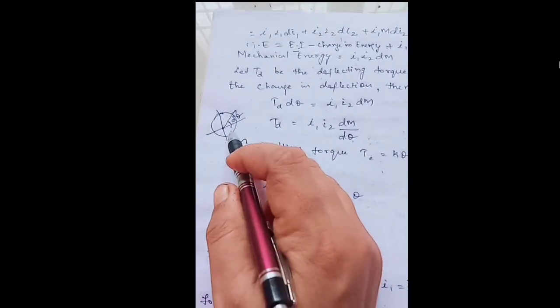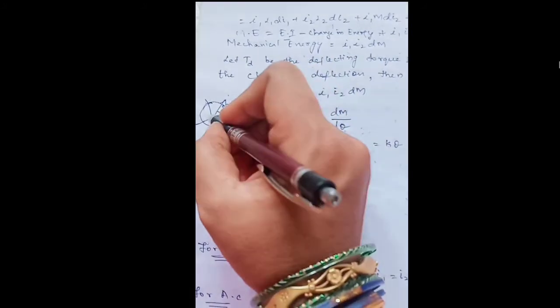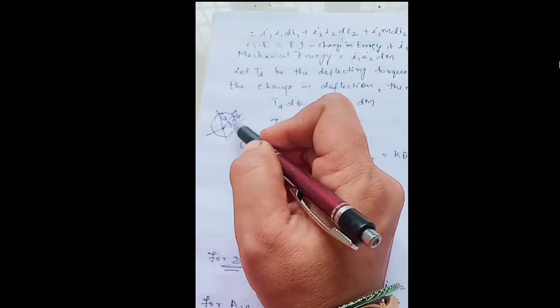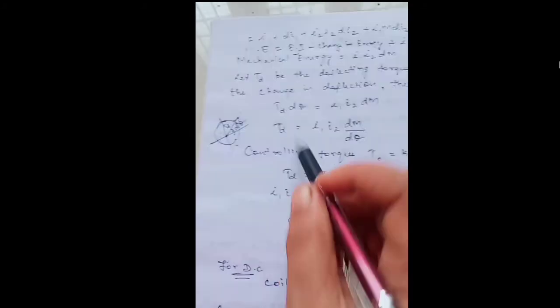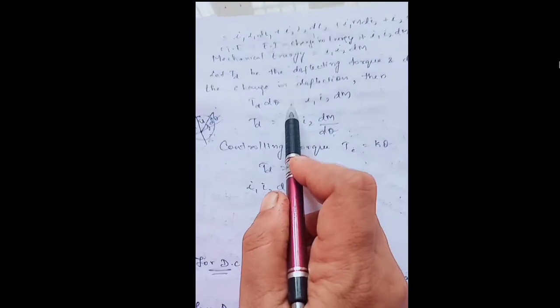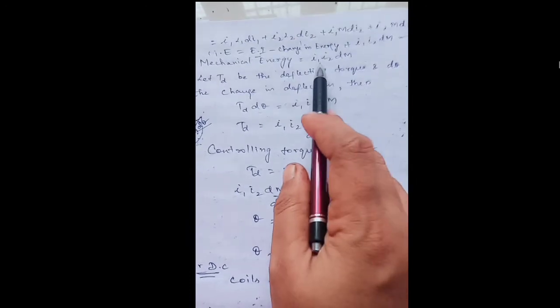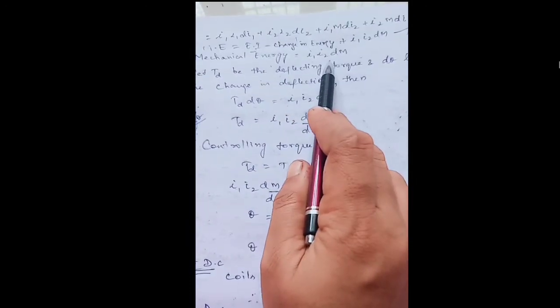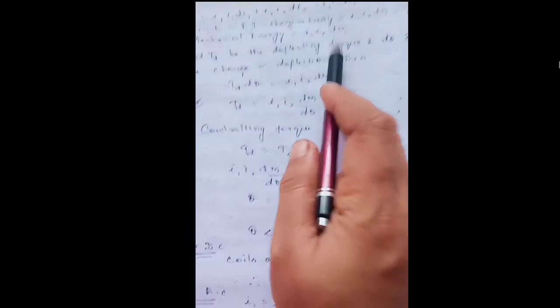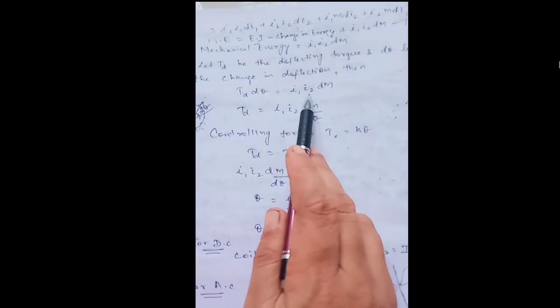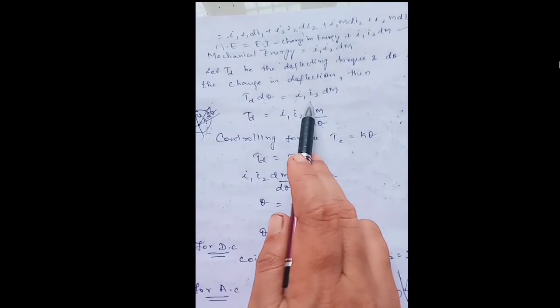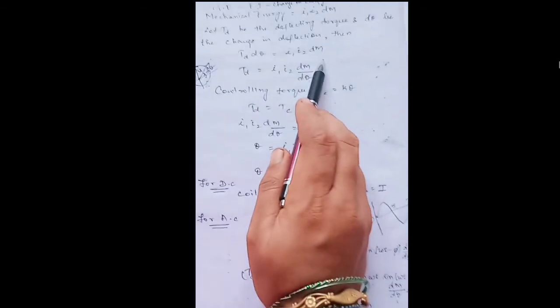So for deflecting over an angle, it needs some torque, that is represented by Td. So the mechanical energy is denoted by Td into d theta, and we have already derived what the mechanical energy is. It is equal to I1 I2 dM. So we are equating those two equations. So Td d theta equals I1 I2 dM.